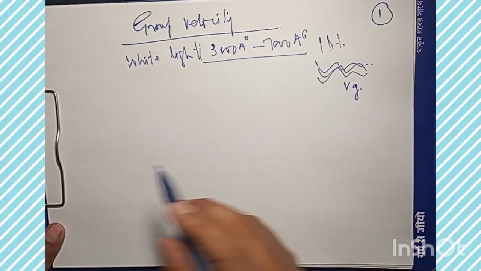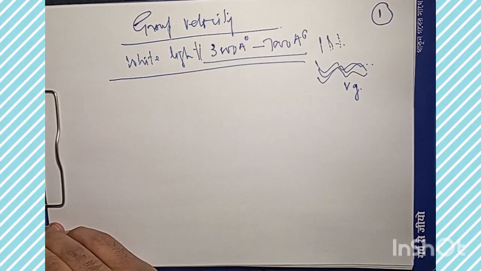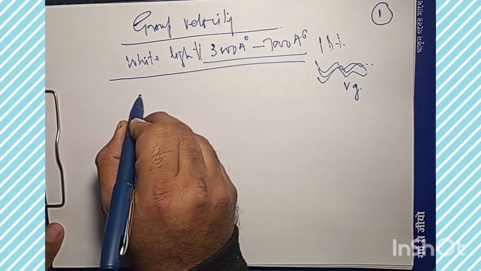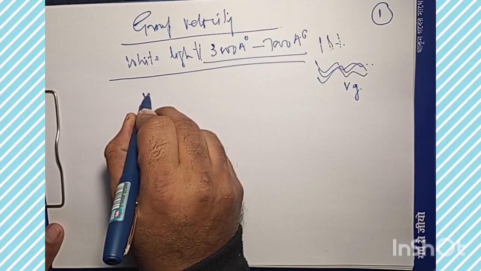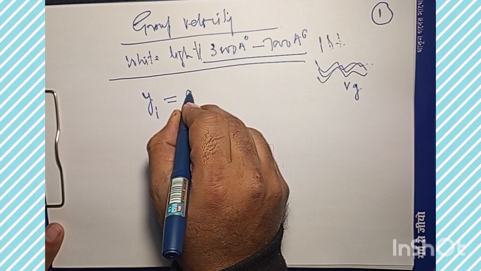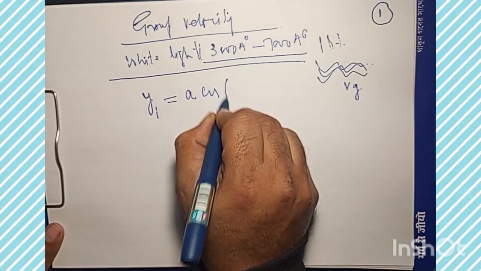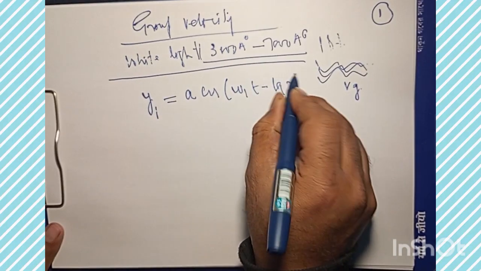Now, to have the expression for group velocity of de Broglie matter waves, let us assume that we have two waves, say y1 has amplitude a cos(omega1 t minus k1 x).